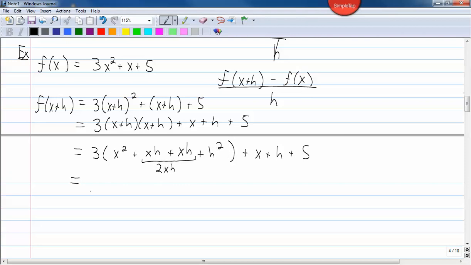So that's 3x squared, and that's going to be plus 6xh, and that's going to be plus 3h squared. And then I have what? Plus x plus h plus 5.